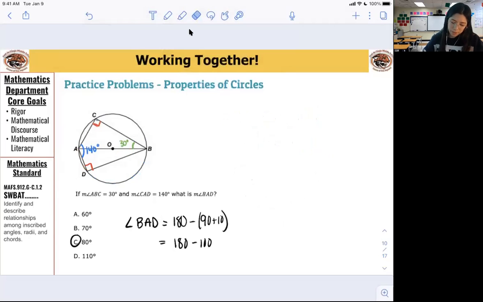Another way to do it, actually what I think would be an easier way: the triangle that's on top has to add up to 180, so the missing angle over here, 90 plus 30 is 120, 180 minus 120.